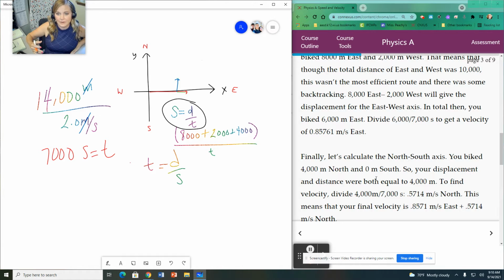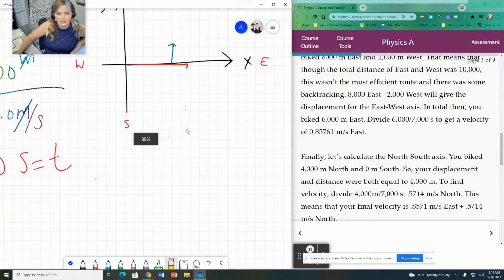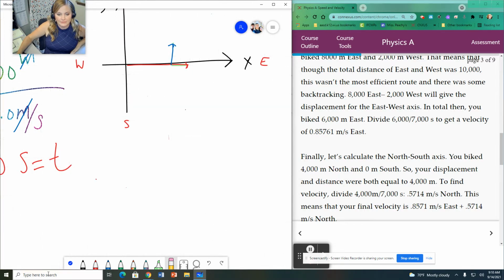And the idea here now is if I go back to my Cartesian coordinate system, and I'm going to delete some of this over here, we know from our previous lesson that when we went to the east 8,000 and we went back 2,000, the net displacement there is only 6,000, right? So we know that to be 6,000.